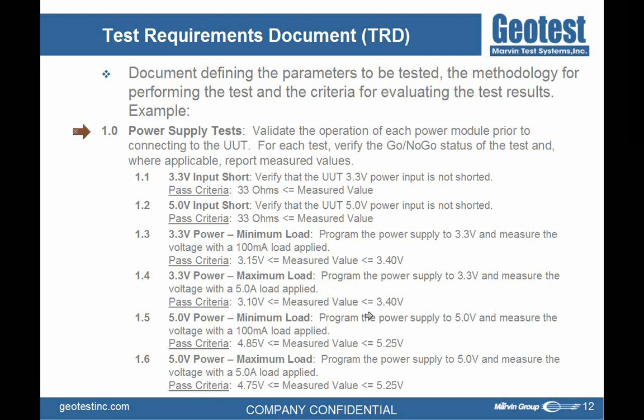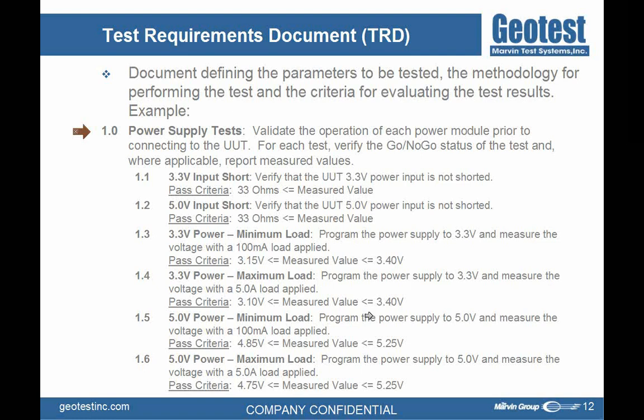There may be other tasks besides just testing the power supply. You may need to perform a kernel CPU test. You may need to perform a memory test. You may have analog I/O that needs to be tested, maybe digital I/O that needs to be tested. So all of these different processes or tasks define the overall task of testing your UUT.